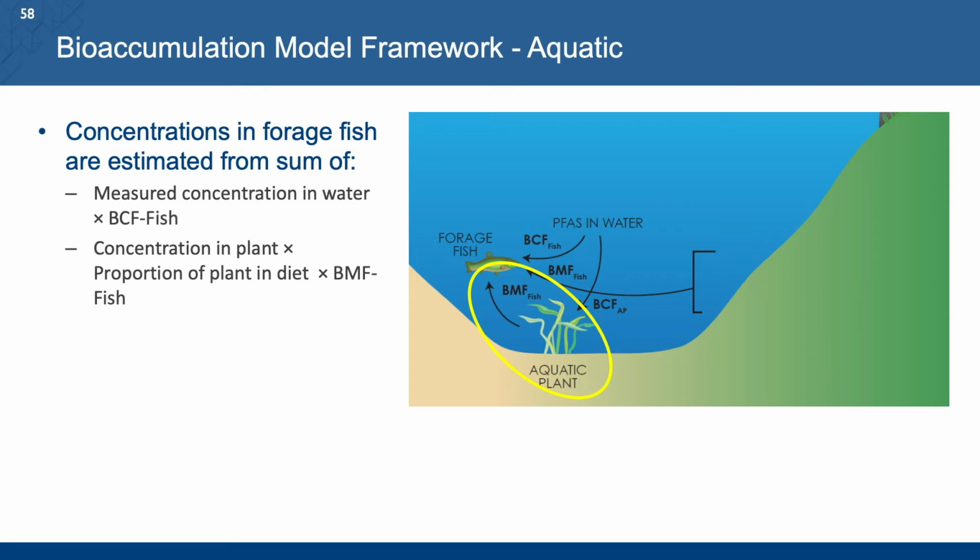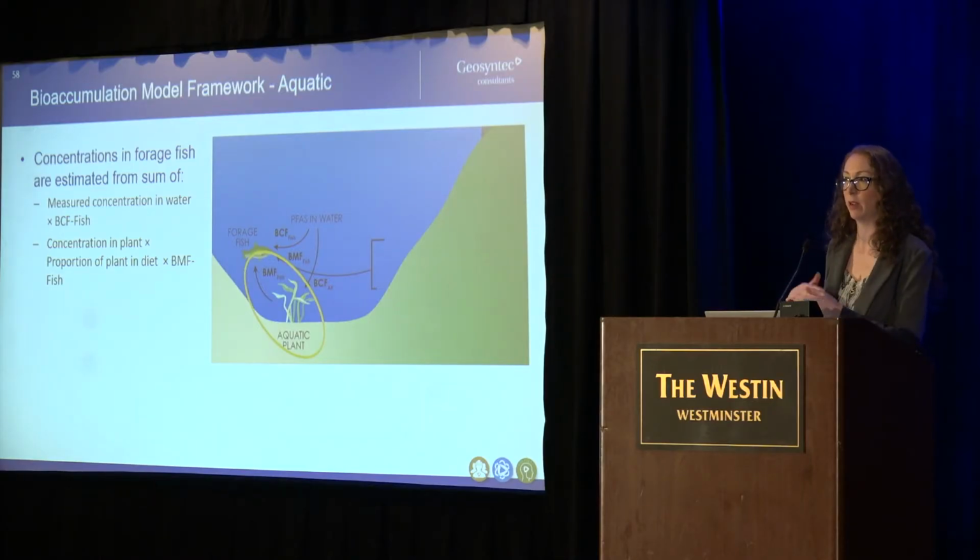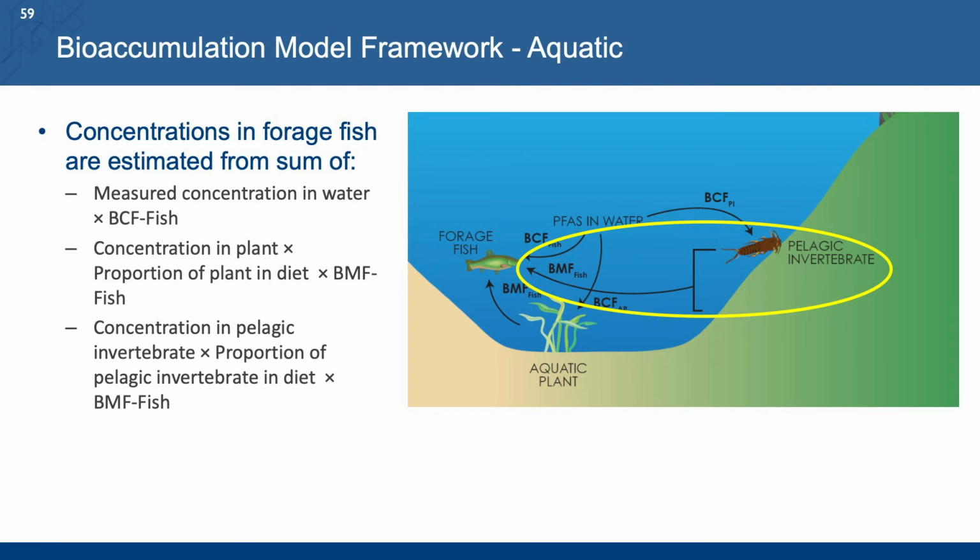And BMFs generally are not distinguished between the diet item. The BMF for fish was based on a feed that was provided in the lab study, and so we apply the same BMF for whatever that diet item is for fish. And then it's the same thing, your concentration in your pelagic invertebrate, which was predicted in the previous step using the BCF and the concentration in water.